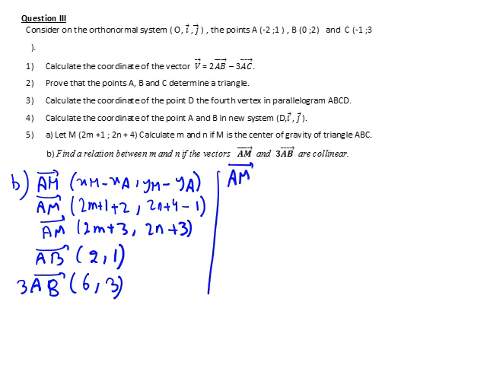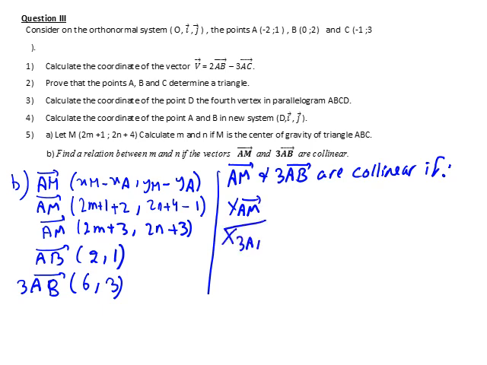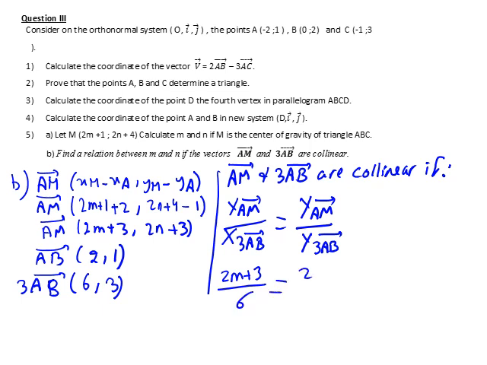AM and 3AB are collinear if x of AM over x of 3AB equals y of AM over y of 3AB. So 2M plus 3 over 6 equals 2N plus 3 over 3.